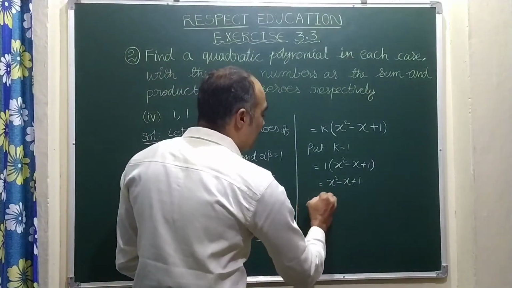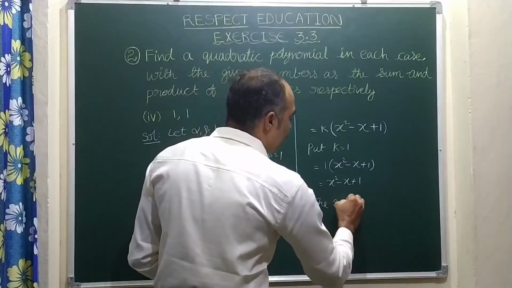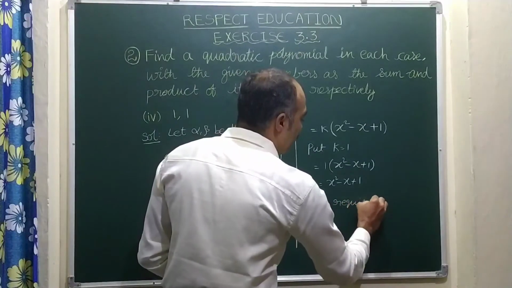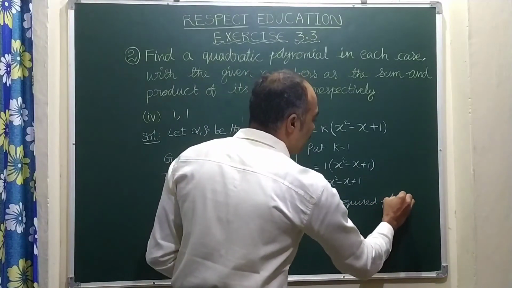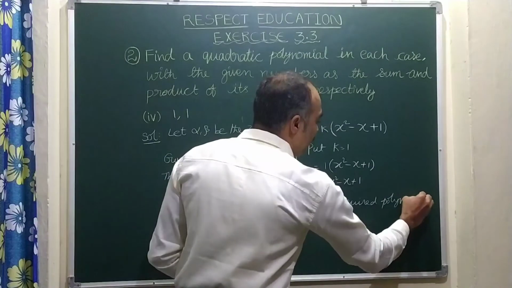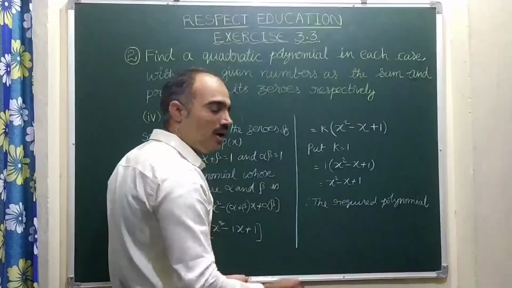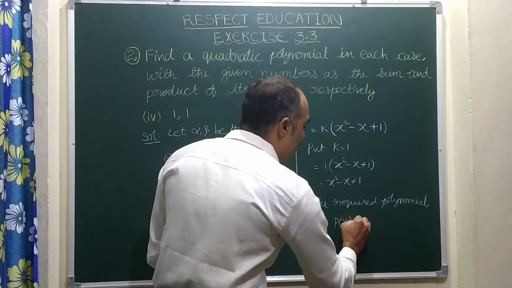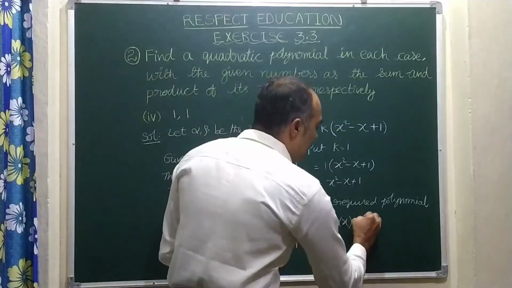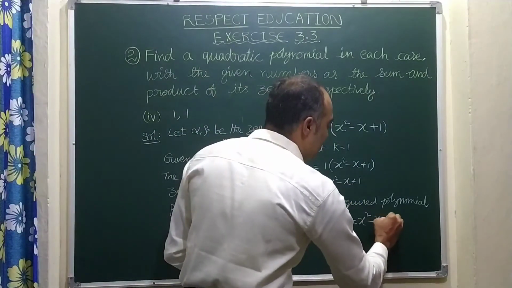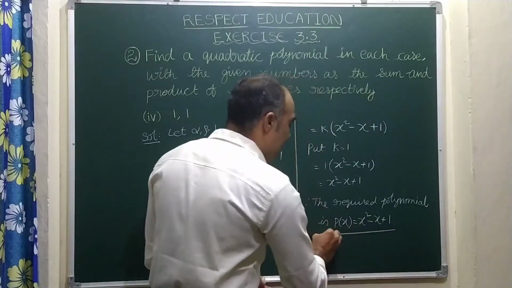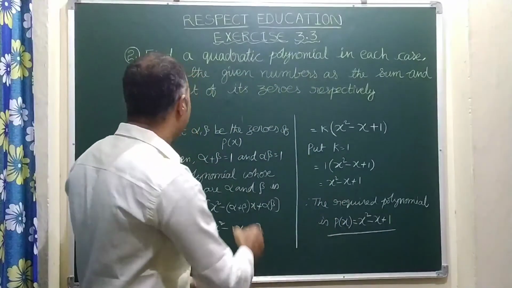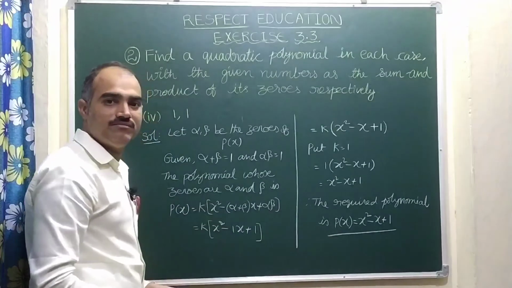Therefore, the required polynomial is p of x is equal to x square minus x plus 1. So this is the last answer for the fourth bit.